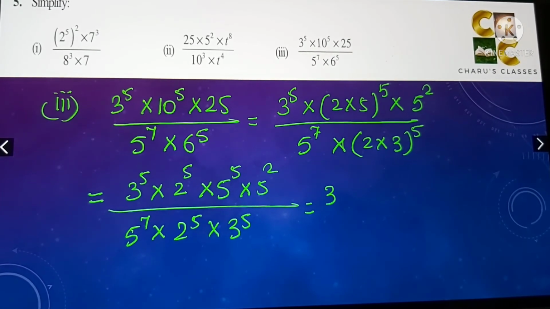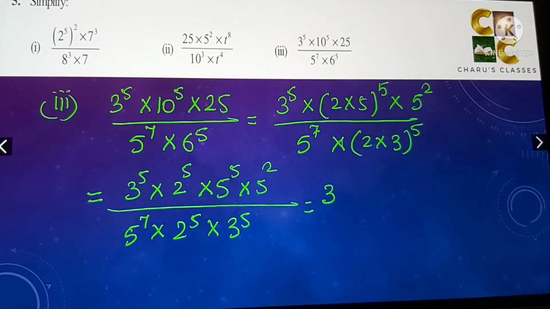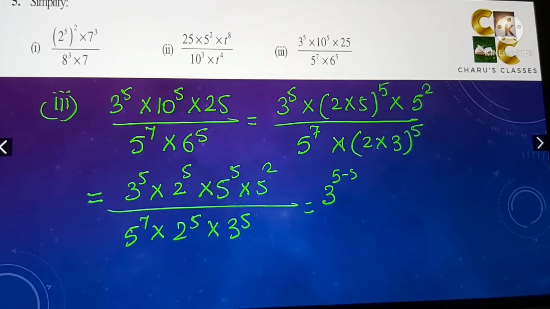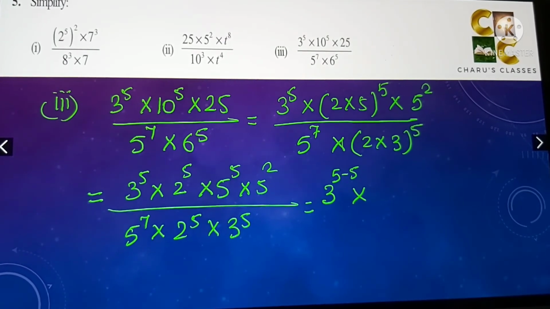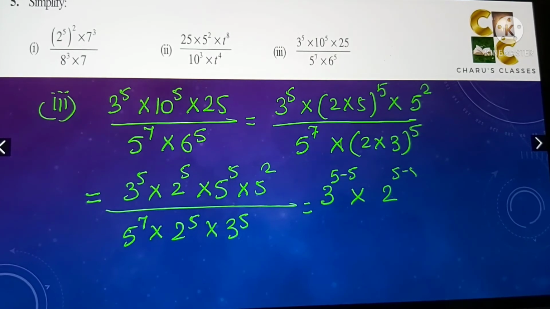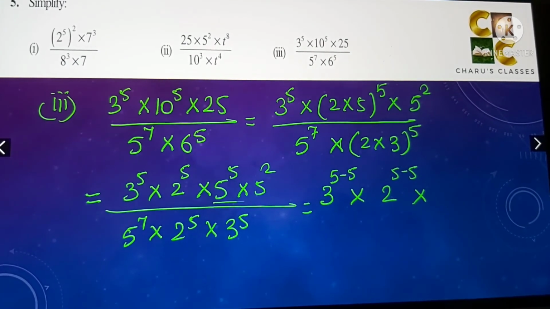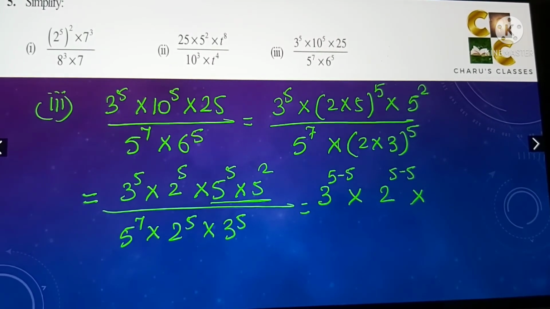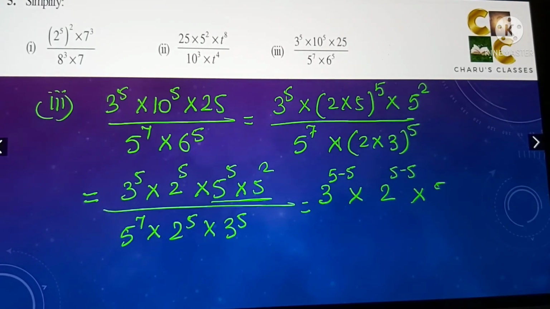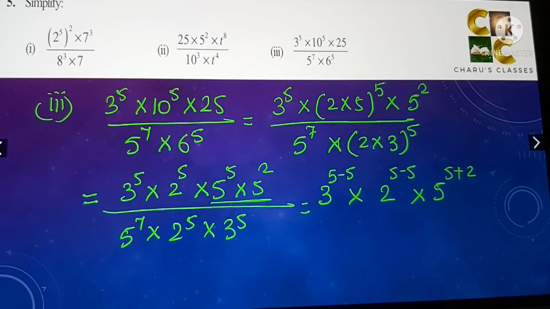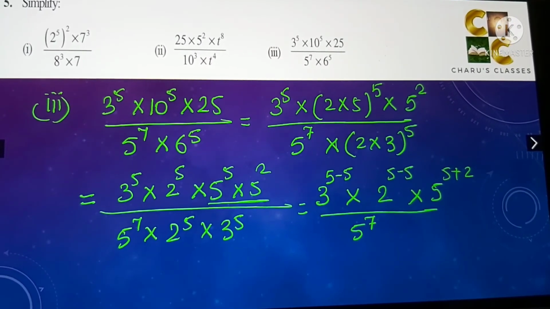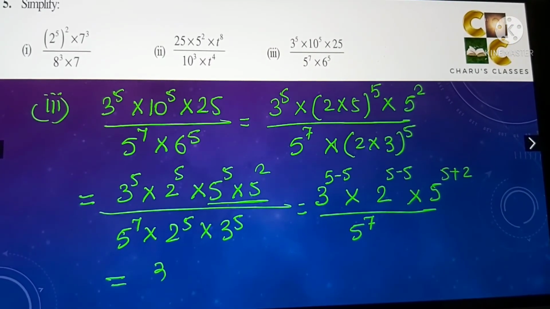We are going to collect similar terms together. So we have 3 to the power 5 in the numerator and the denominator; according to the division rule, 3 to the power 5 minus 5, 2 to the power 5 minus 5. Now in the numerator, 5 to the power 5 into 5 to the power 2 will become 5 to the power 5 plus 2.